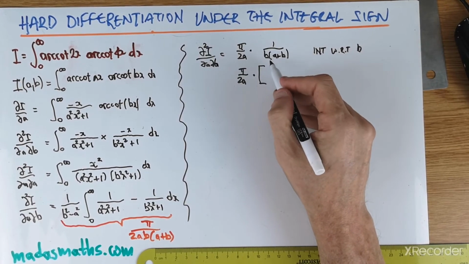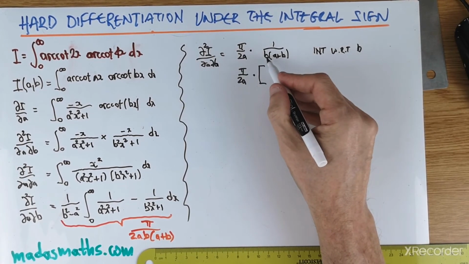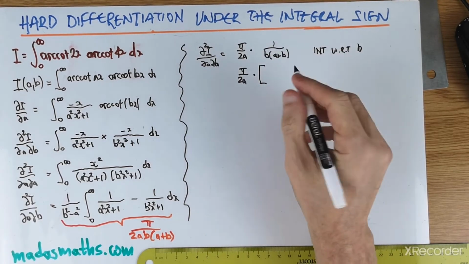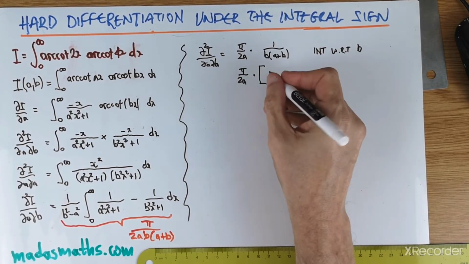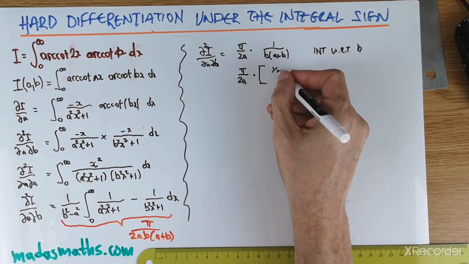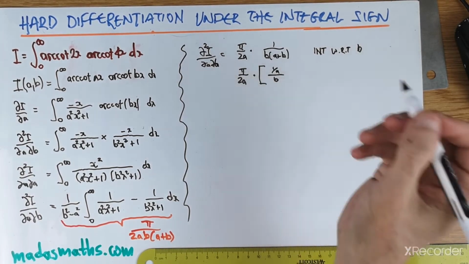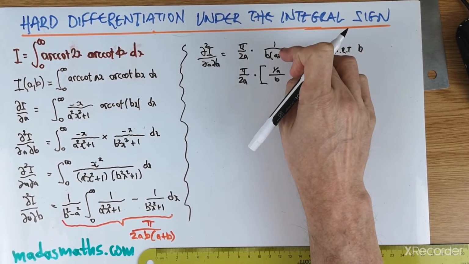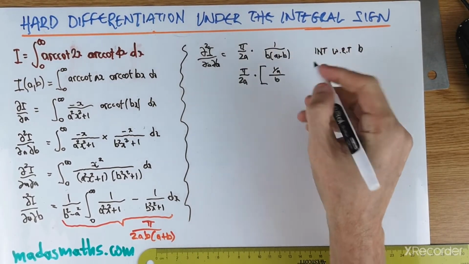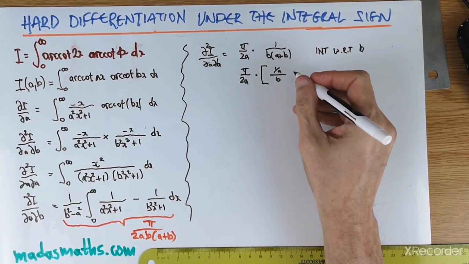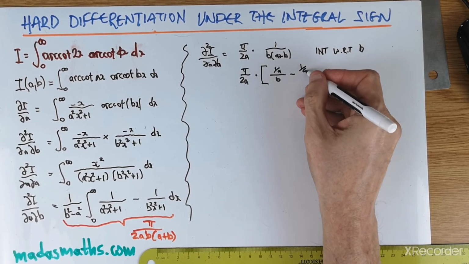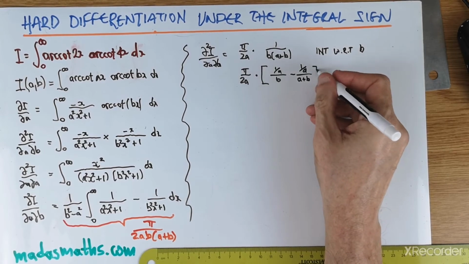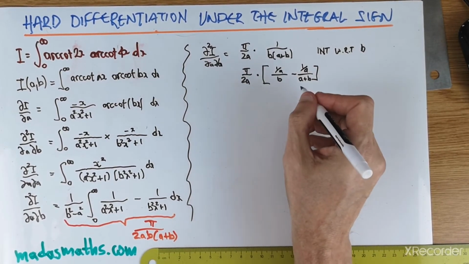So when b is equal to 0, we got a 1 over a over b. You can do your partial fraction whichever way you want. And when b is minus a, we have a minus 1 over a. That's the coefficient. And then we got a plus b. It's not too bad.